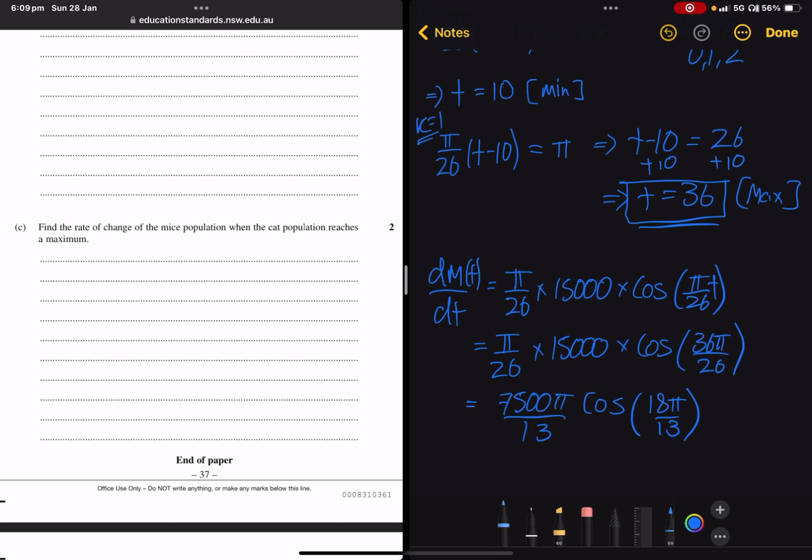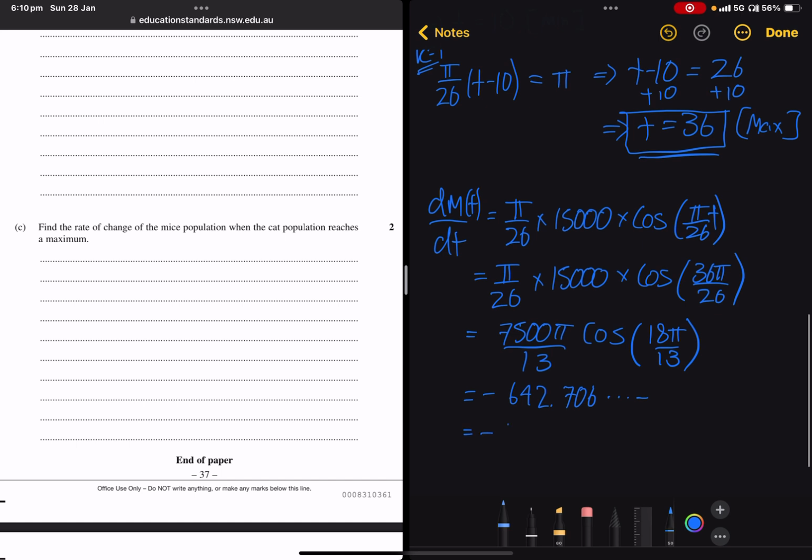We could also put this in the calculator and numerically approximate this. Now we have to make sure we're in the right mode. So we get 7500 times pi divided by 13 multiplied by cosine of 18 times pi over 13, and this gives us minus 642.706 and so on.